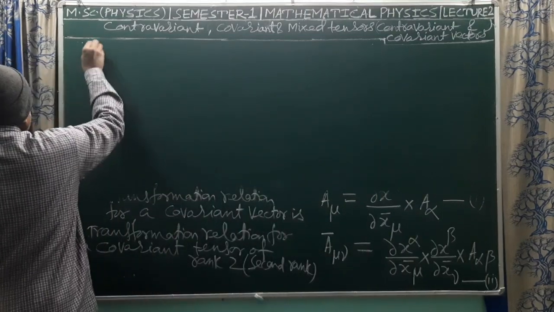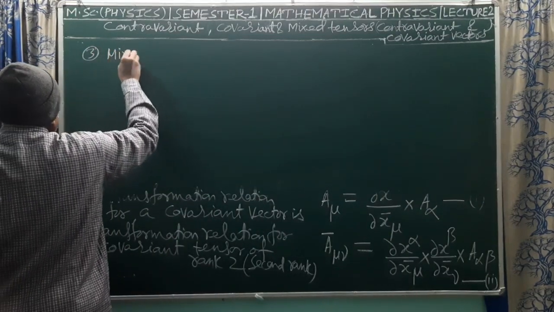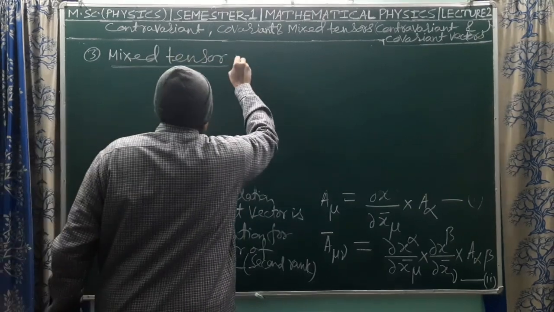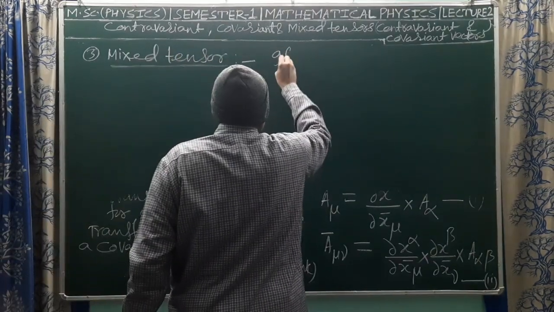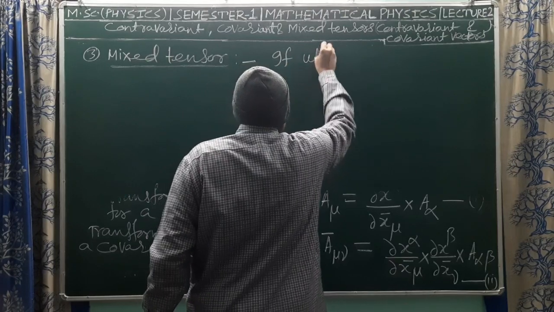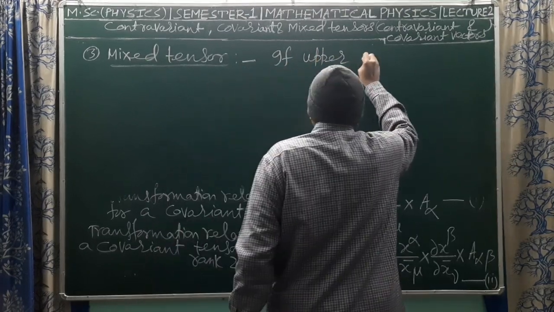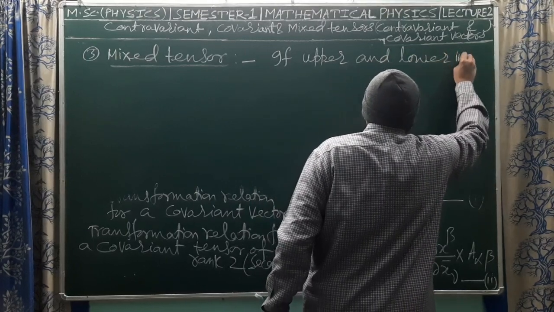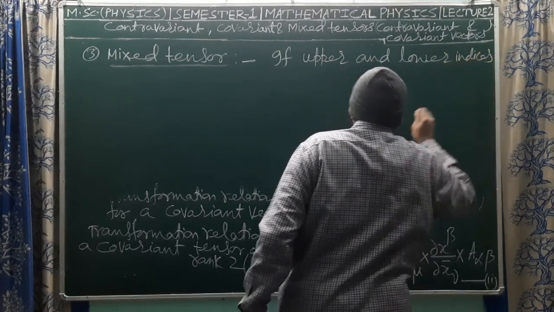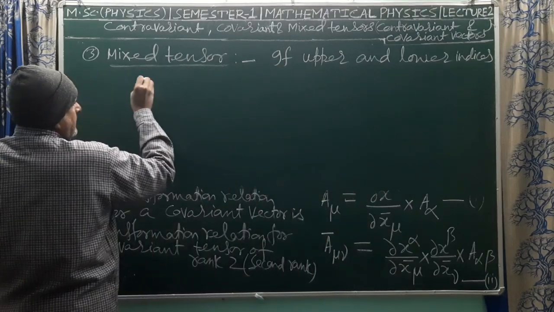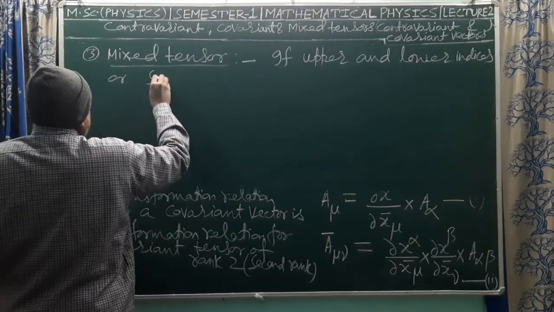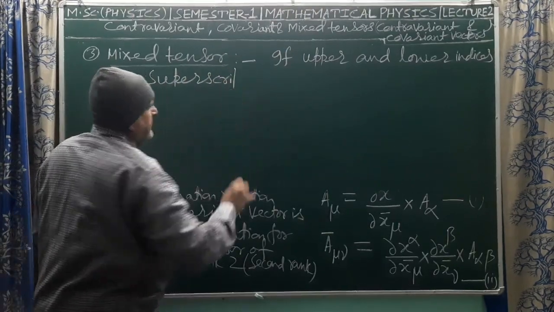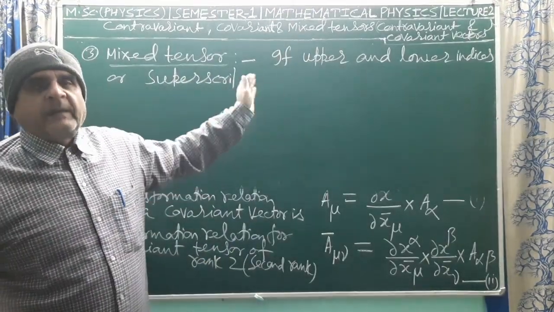So in last number 3, mixed tensor: if upper and lower indices or superscripts, अपर इंडेक्स को और इंडिसेस को सुपरस्क्रिप्ट कहा जाता है.